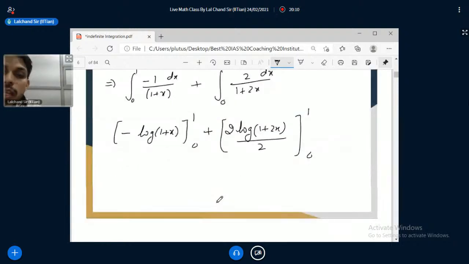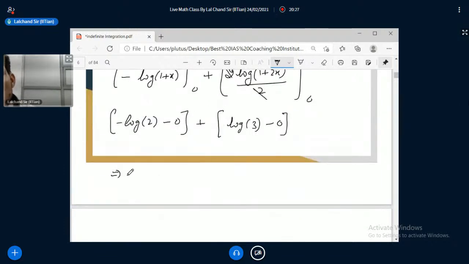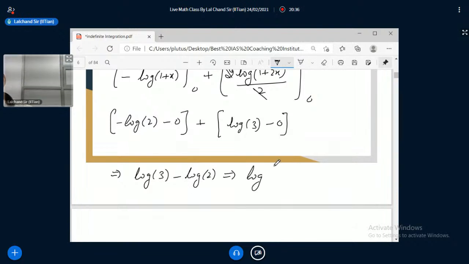Okay, so now if I calculate this integral, this is minus of log 2 minus 0, this 2 gets cancelled, and this will be log of 3 minus 0. So this is equal to log of 3 plus minus log of 2. That can be written as logarithm of 3 by 2. This is the final answer.